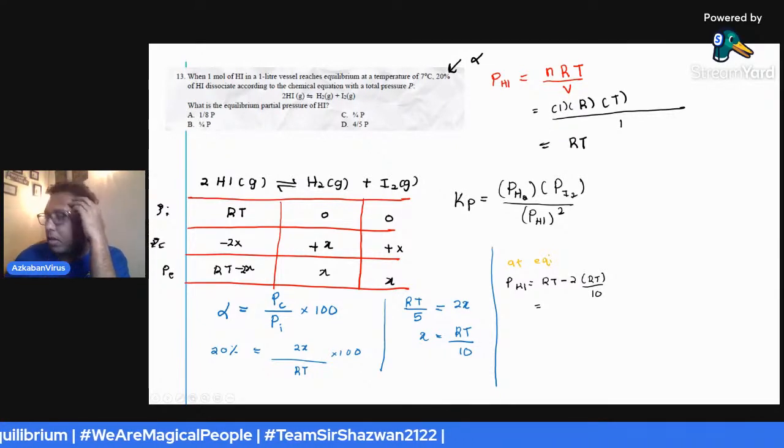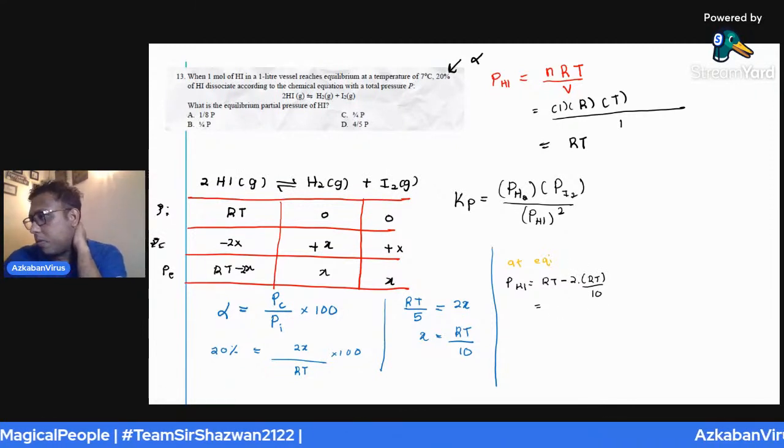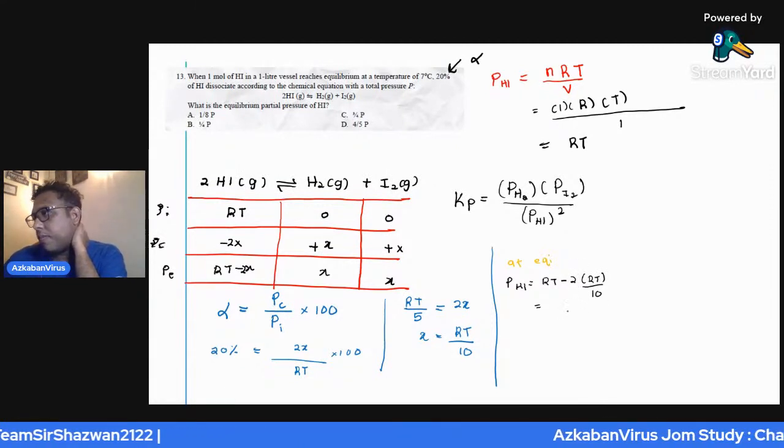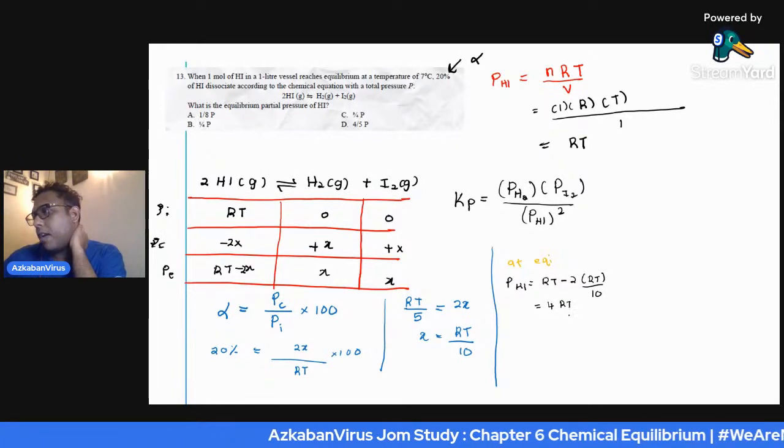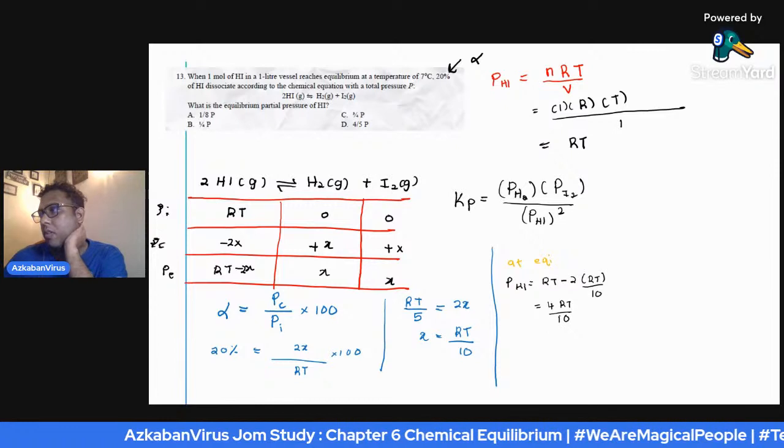One minus 2/5 is 4/5. This is equal to 4RT over 10.